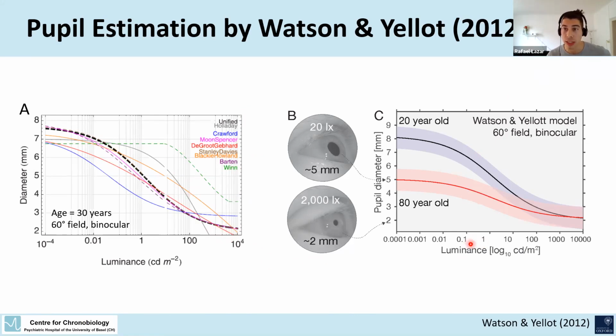What they used for quantifying light is the measure luminance, which is well known as an accurate estimate of brightness perception. It is basically computed by taking the sensitivity curves of L and M cones.